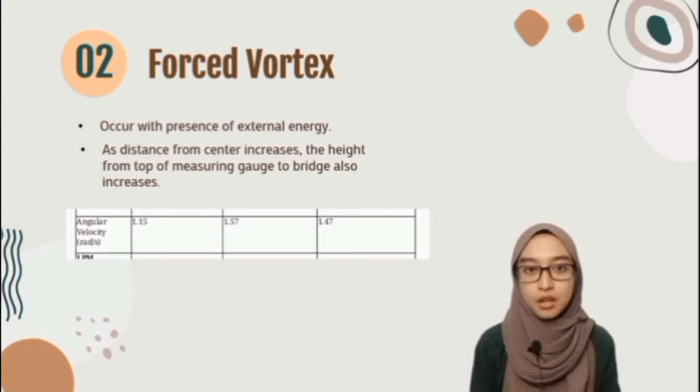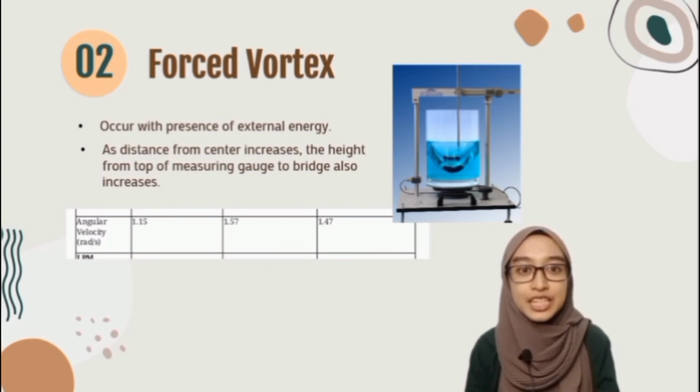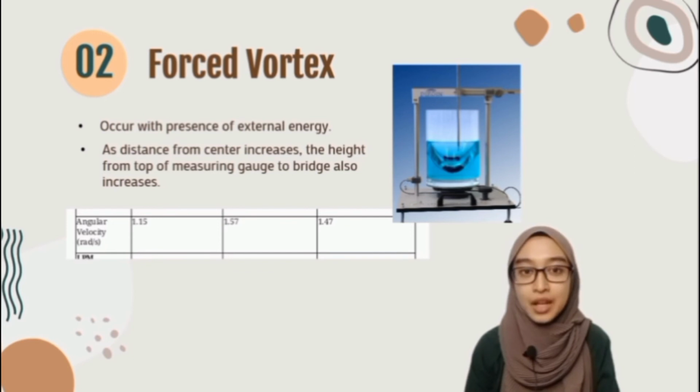However, due to some error in electrical supply during the experiment, the pedal slowed down, which results in lower angular velocity. From the experiment, it can be observed that the surface profile of forced vortex is different compared to free vortex. This happened due to the difference in formation, as the forced vortex requires external energy at the bottom of the container. The surface profile of the forced vortex that has been measured shows a parabolic shape.